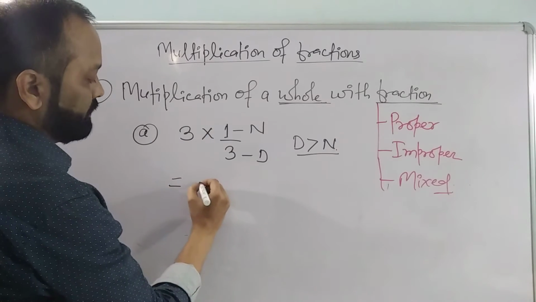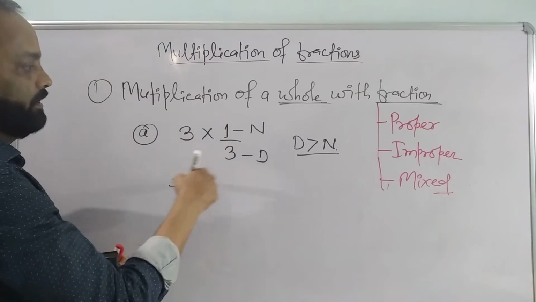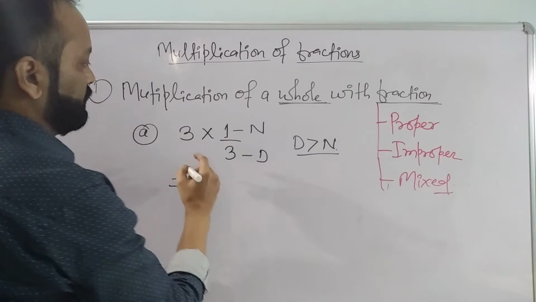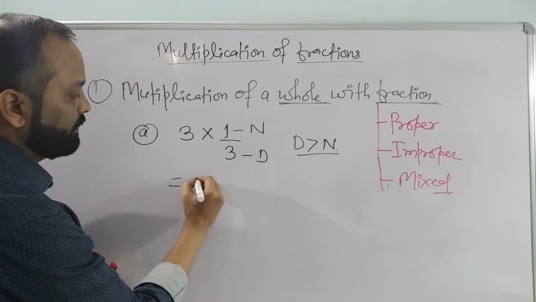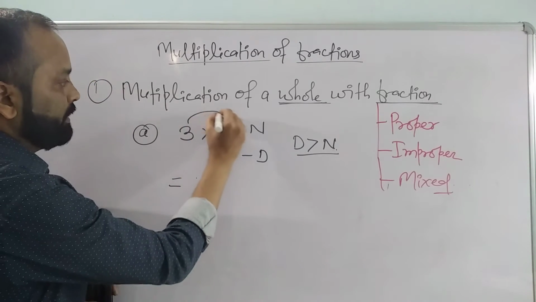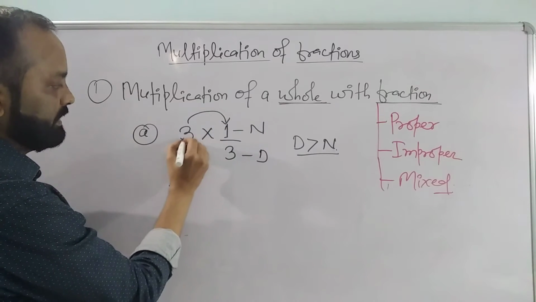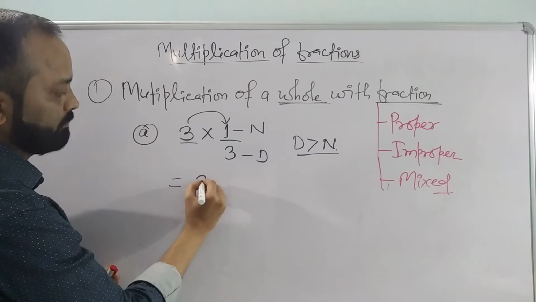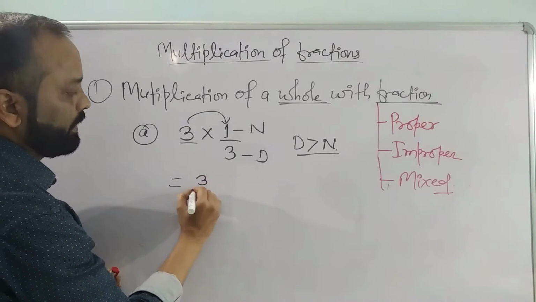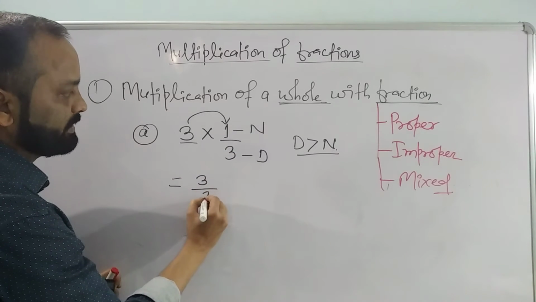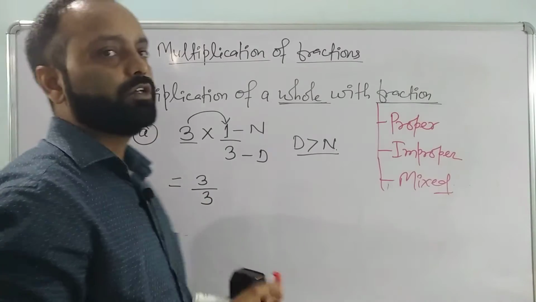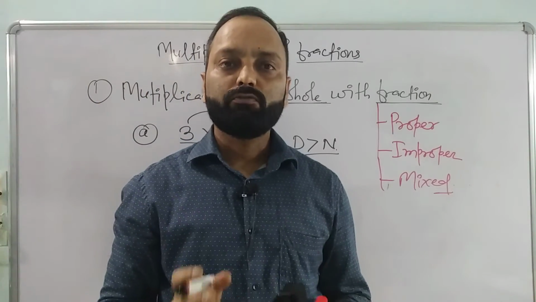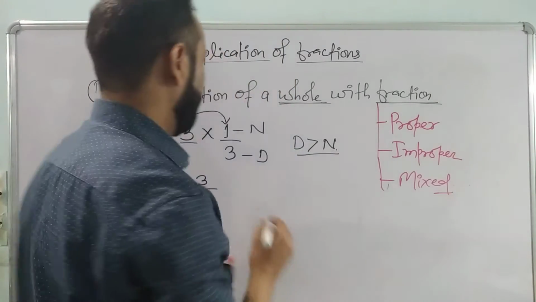Here the process is how we multiply. We multiply this 3 with the numerator part of the fraction, so this will be 3, and the denominator will be the same. We don't have to do anything with the denominator, we need to keep the denominator the same.